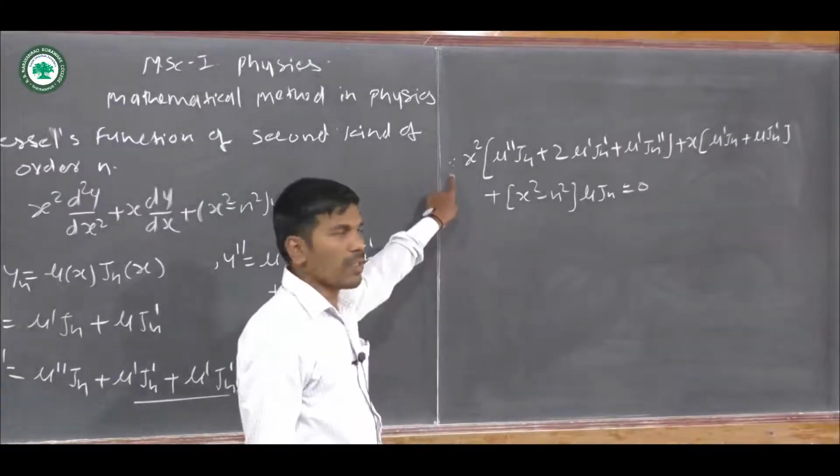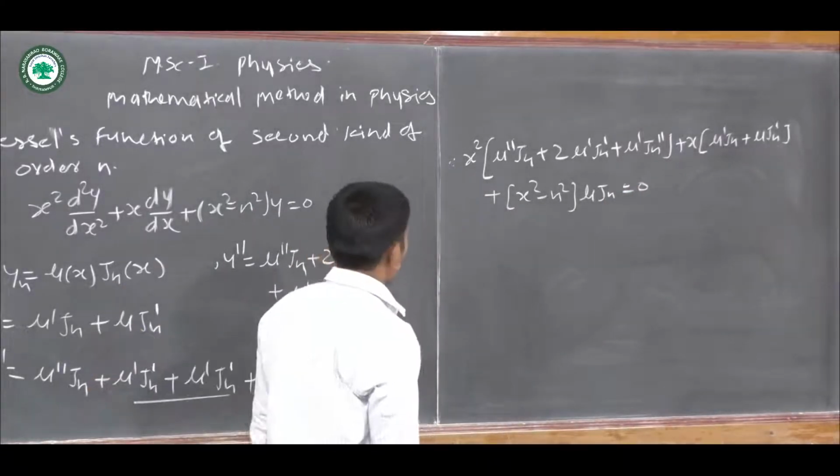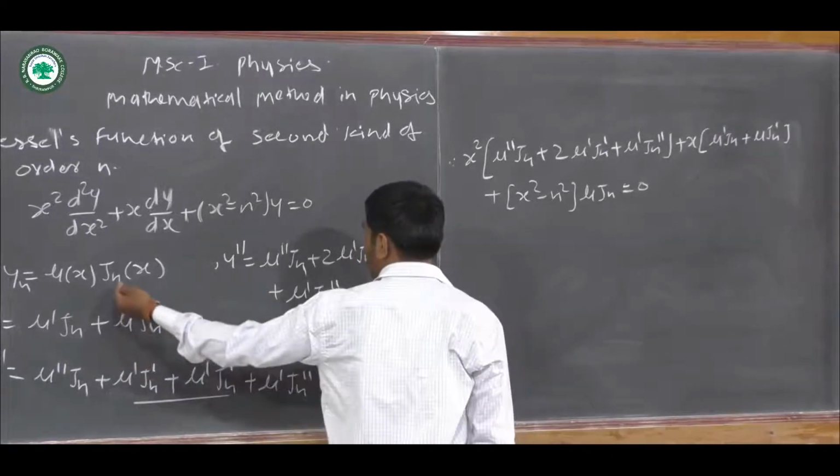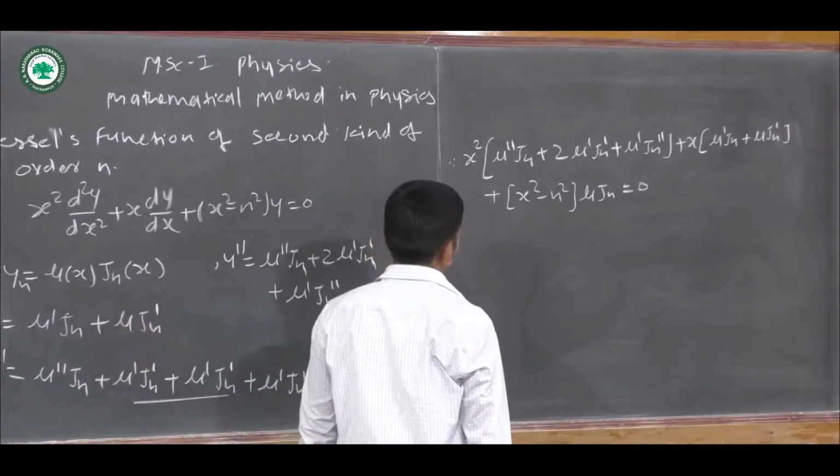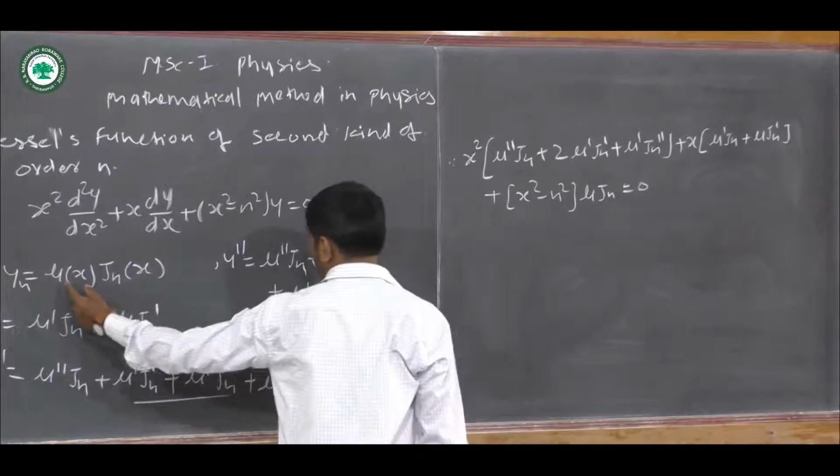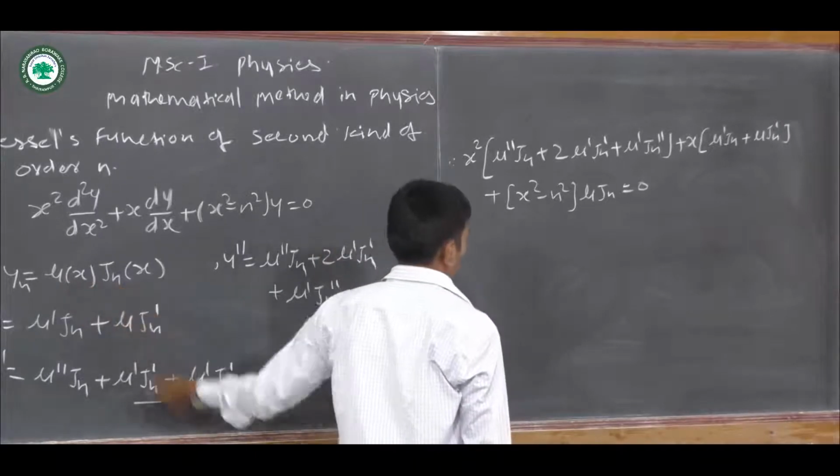So this is the Bessel equation in terms of J, where we assumed the solution u into Jn. Here u is one function and Jn is also a function.